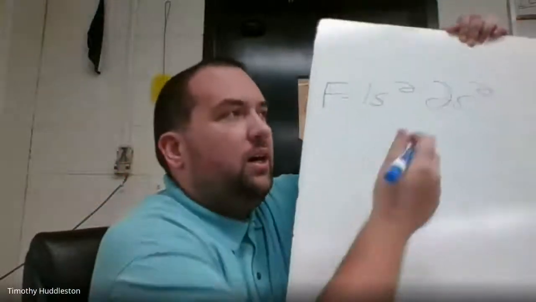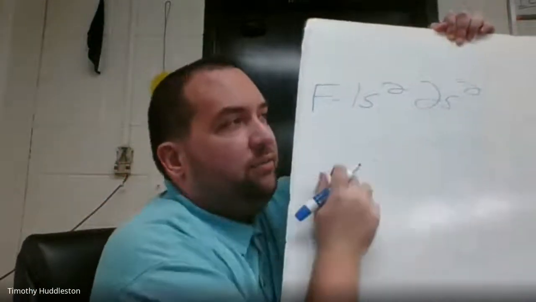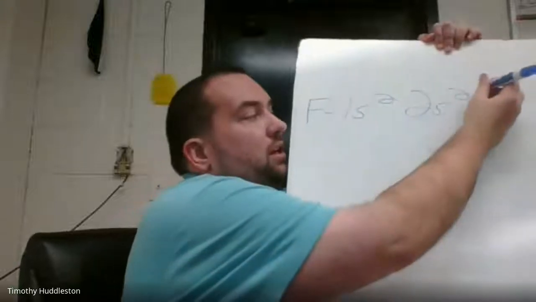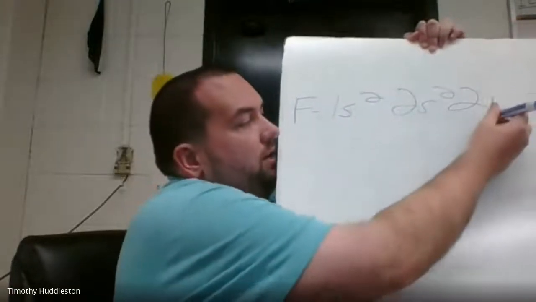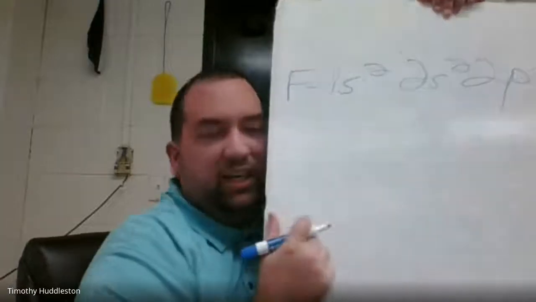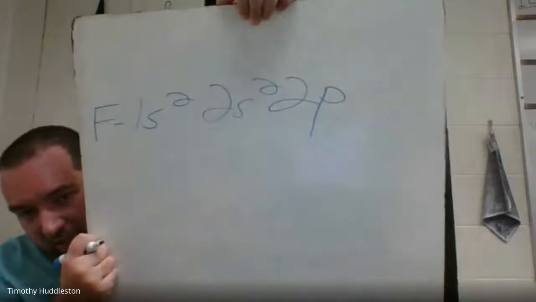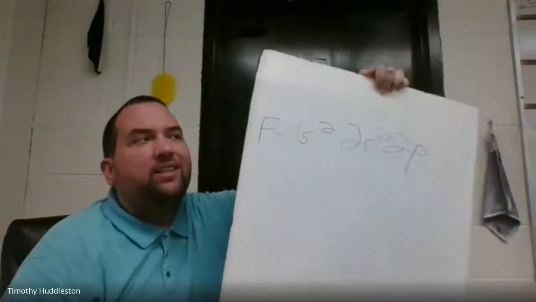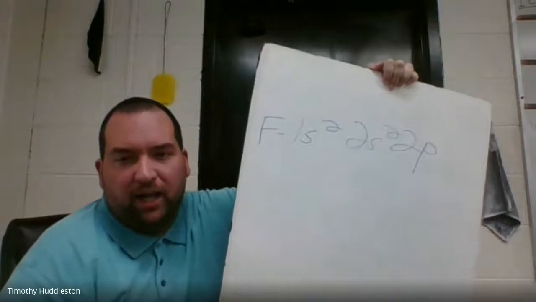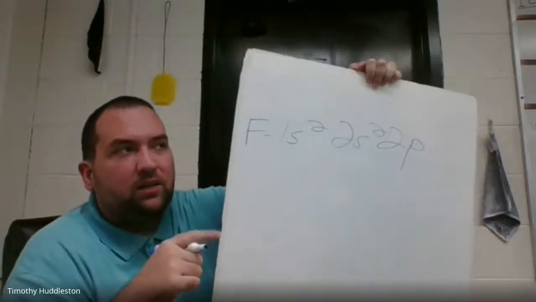And so, going on, we're doing F. So I'm still in principal energy level 2, but now I'm going to be in section P. Okay? Back up a little bit. Section P. Okay? Now I ask you, what seat is F in the P block? Let's just count the elements over.